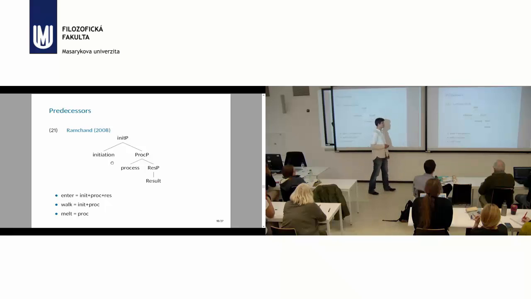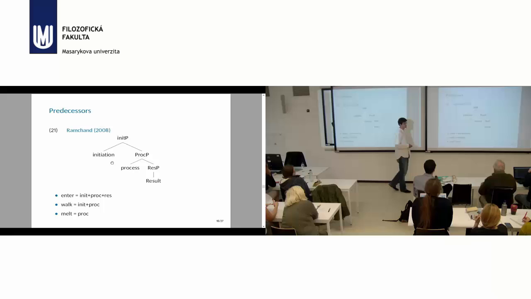And there's also pure process verbs like melt. So when the snow is melting, there's no initiator in the sentence. It could be the global warming, it could be the sun, whatever. And there is no result. It's just melting, melting, and we see what happens. Okay?